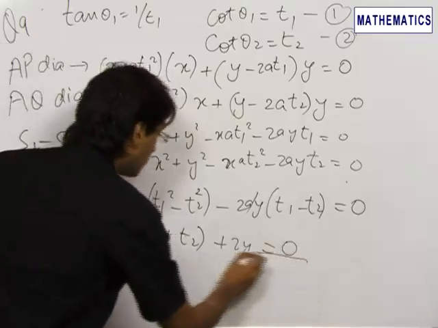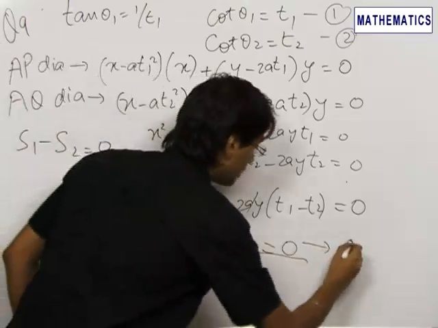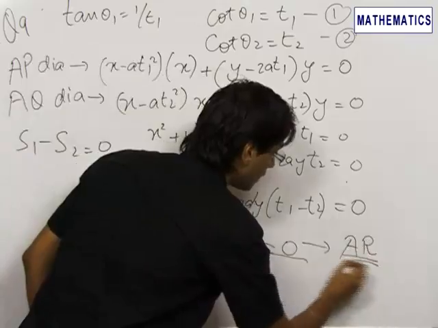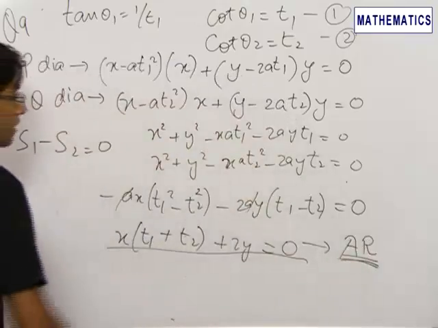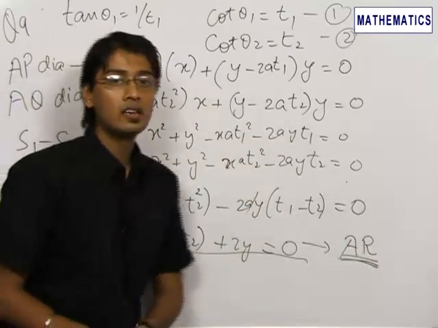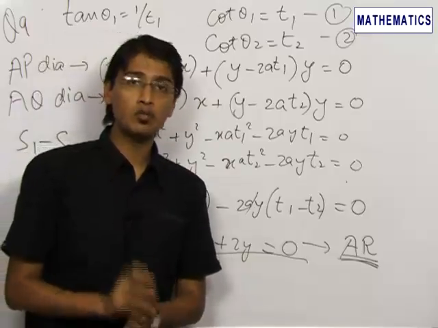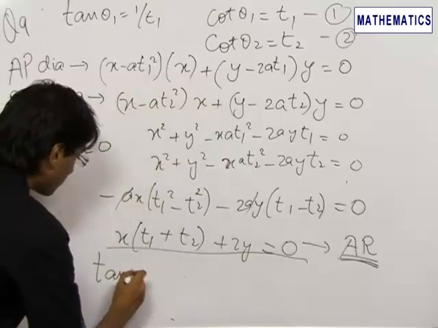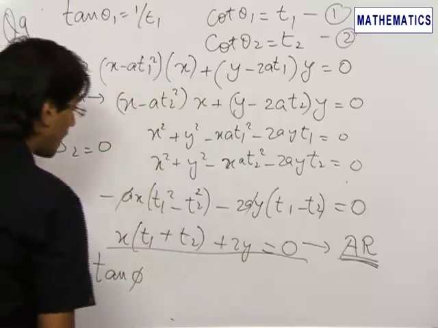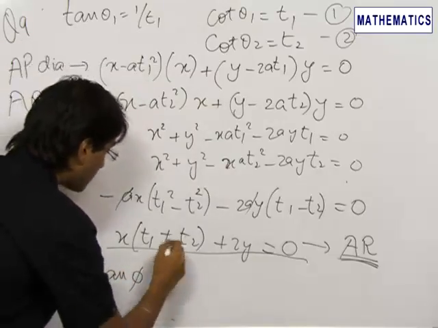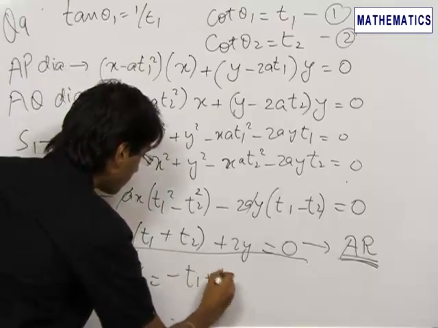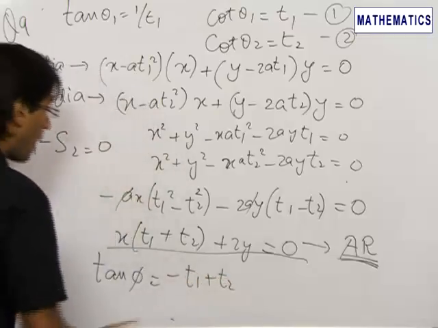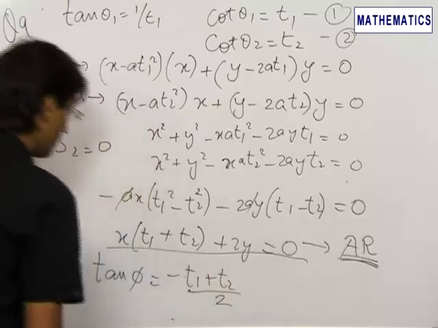This common chord is the equation of line AR, and the inclination of this line AR with the axis of x has been given to be equal to phi. So we can write tan phi is equal to the slope of this line, which is equal to minus t1 plus t2 by 2.